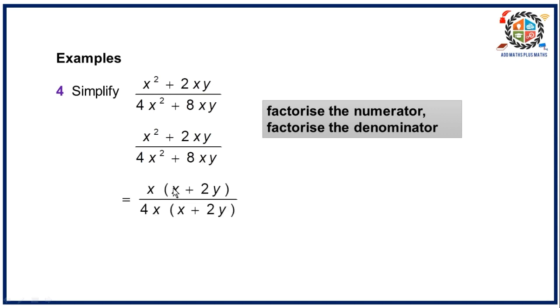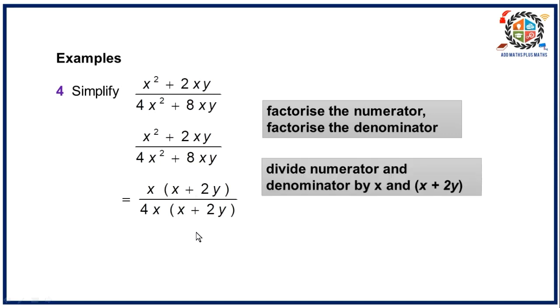There, I have x times the quantity of x plus 2y and 4x times the quantity of x plus 2y. You will notice that x plus 2y is common to the numerator and the denominator. So I can divide both the numerator and the denominator by x plus 2y.